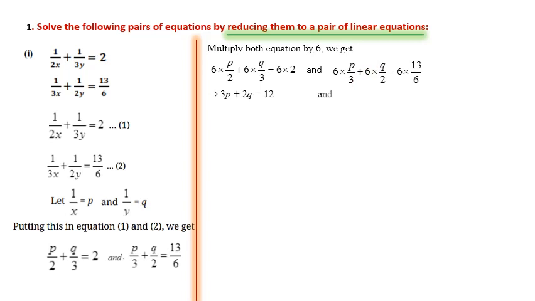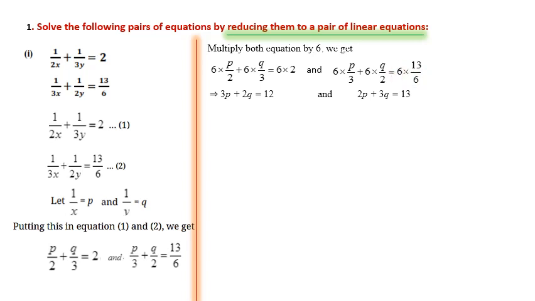After cancellation, the equations become 3p plus 2q equal to 12. 2 and 6 cancelling we get 3, that is 3p. 3 and 6 cancelling we get 2, that is 2q equal to 6 into 2, that is 12. Then 3 and 6 cancelling we get 2, that is 2p. 6 and 2 when you cancel you will get 3, that is 3q is equal to 6 into 13 by 6, 6 cancel, it becomes 13.